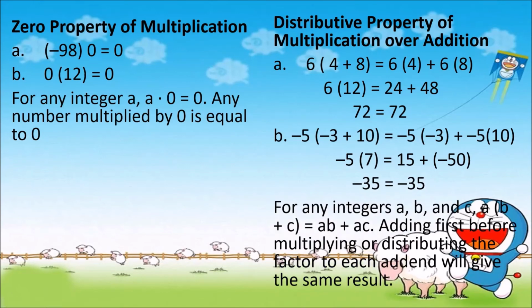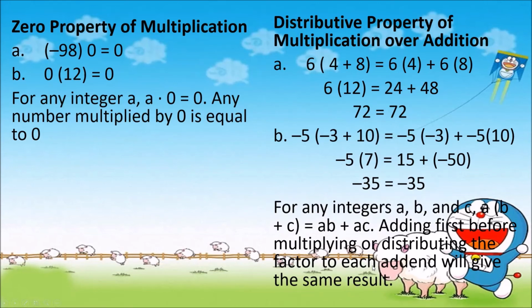For any integers a, b, and c, I repeat, for any integers a, b, and c, a times the quantity b plus c is equal to ab plus ac. Adding first before multiplying, or distributing the factor to each addend, will give the same result.